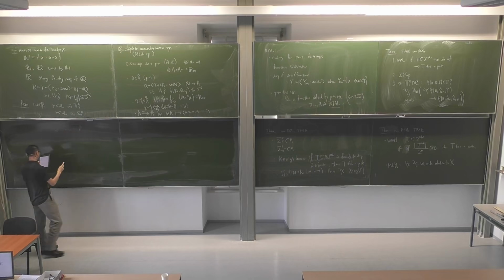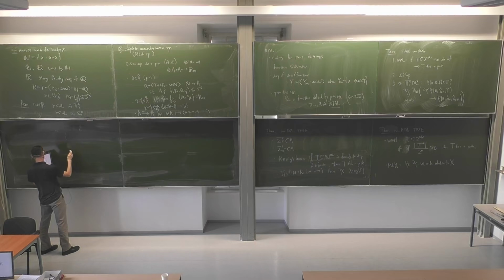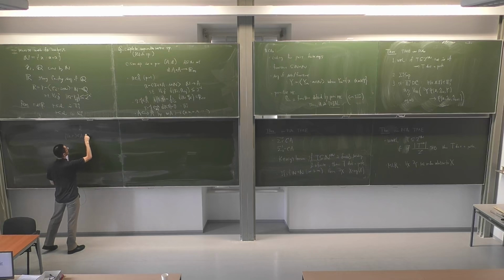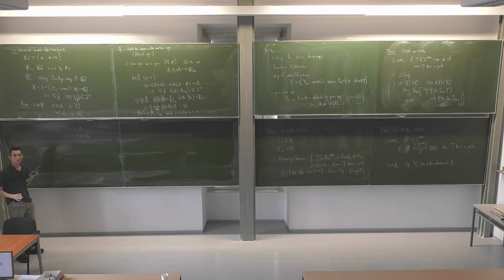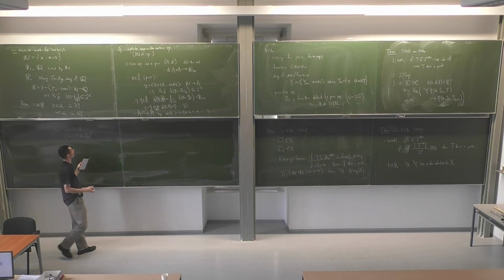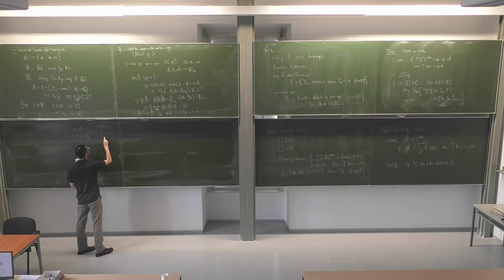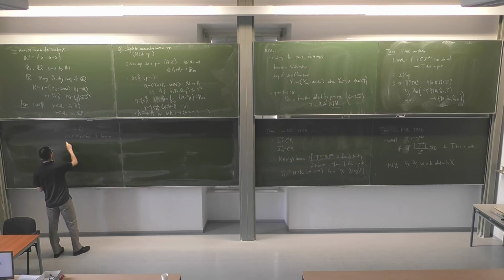We may consider the pairs (a, r) such that a is a member of A and r is a positive rational number, and this forms an open base for A hat.